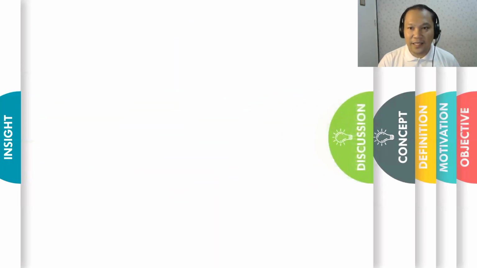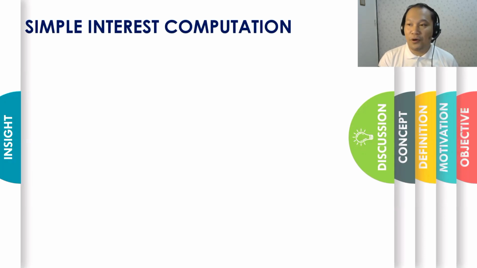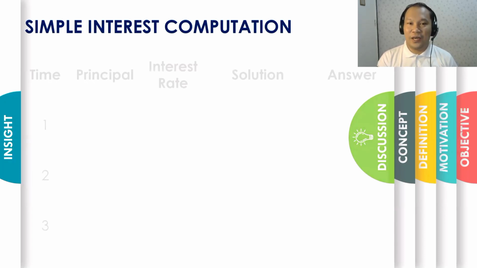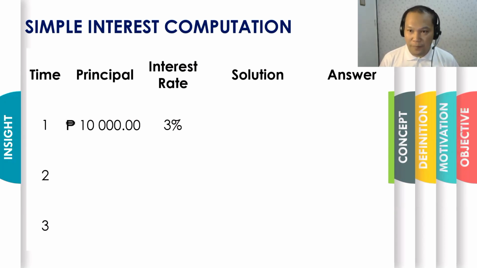And with that, let's go with our computation for simple interest. Going back to our problem, remember for the simple interest, we have Peter who has 10,000 pesos and he wants to invest his 10,000 pesos at 3% per year.